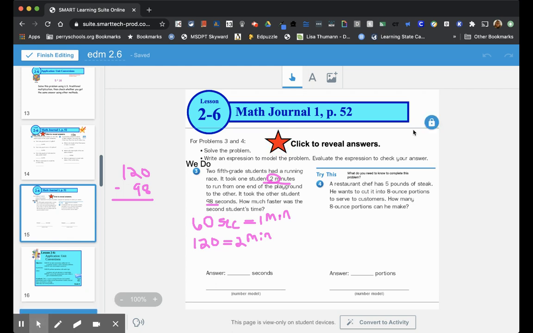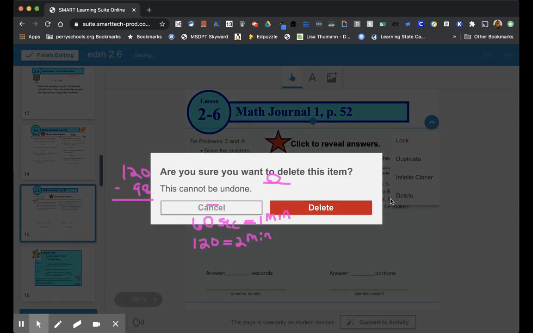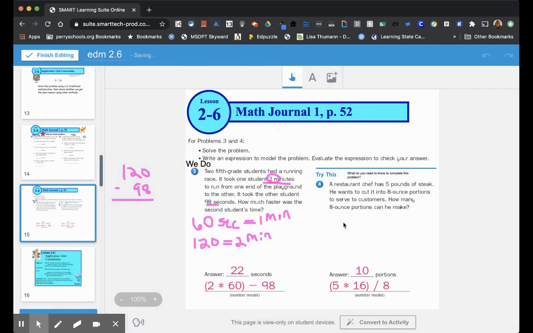And so if we click on here, and let's delete that. You're also going to see the try this. But you'll see 120, or 2 times 60 minus 98 is 22 seconds. So the second student was 22 seconds faster, or the first student was 22 seconds slower.